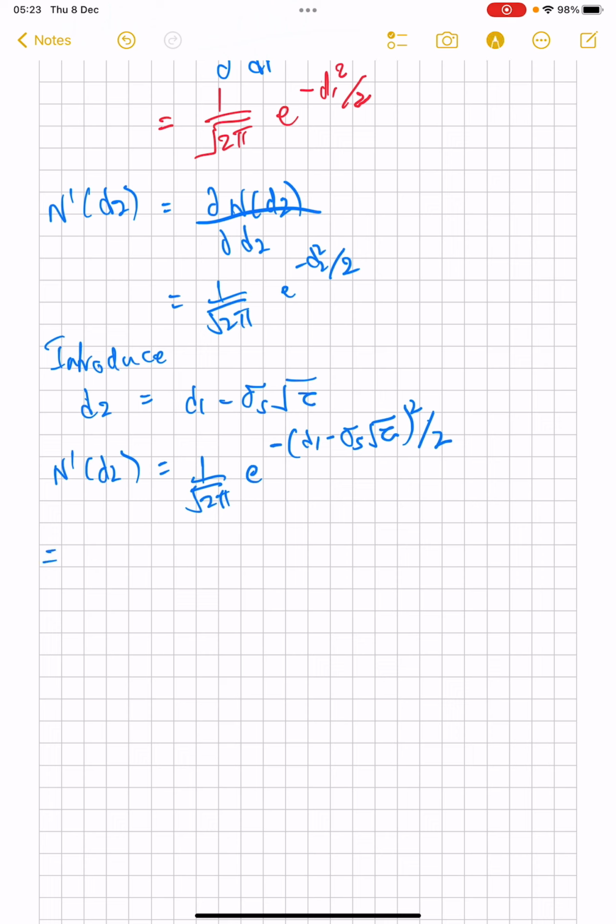So this is an exponential expression which I can break as follows. Okay, you just complete the square here and you break the exponential.